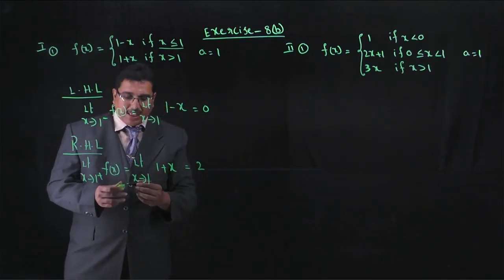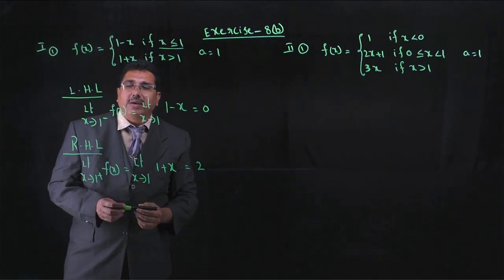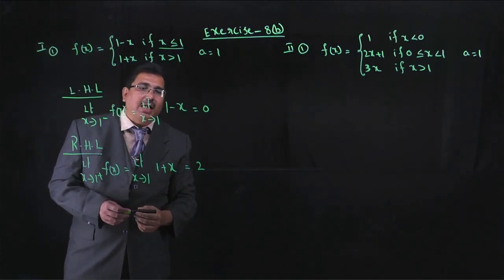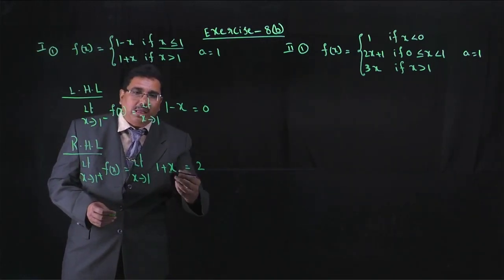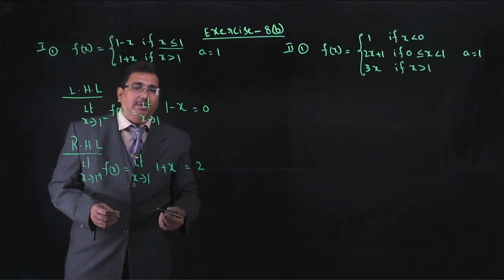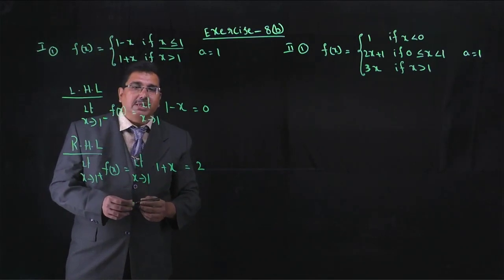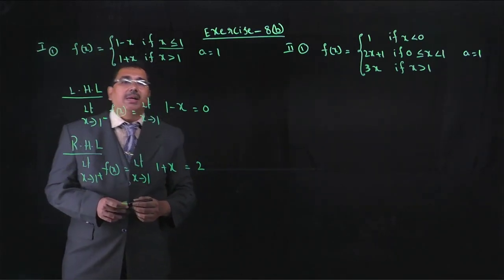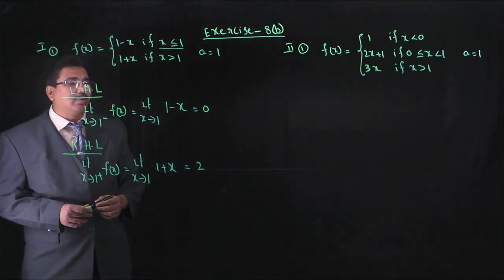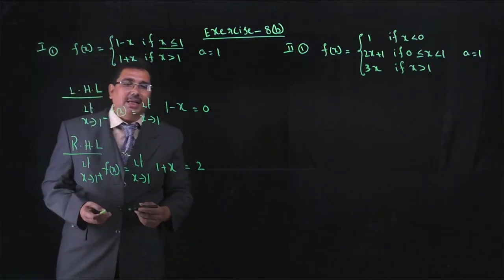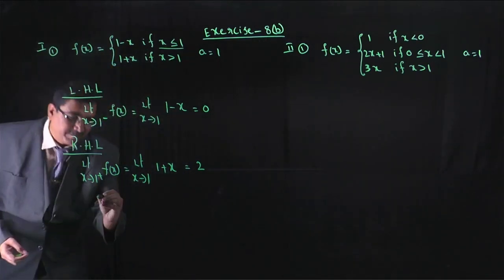Right, see what is the value of LHL and RHL? Those two are equal or not? If those two limits are equal, then the function has a limit at x is equal to 1, otherwise the limit does not exist.